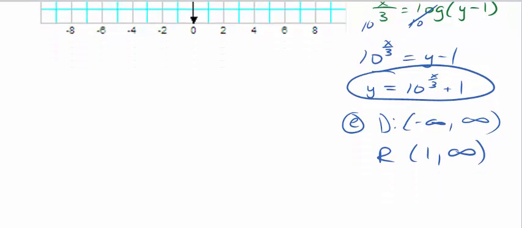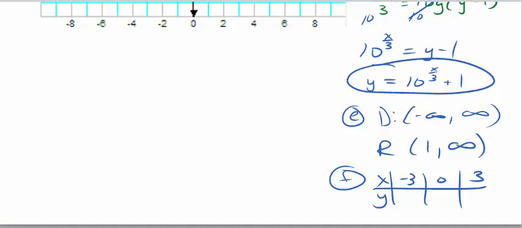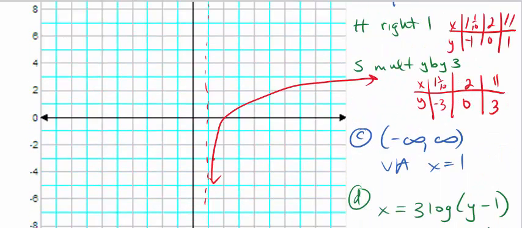And finally, to graph it, when I even have space, we're just going to switch our x and our y. So -3, 0, and 3, 1 and 1/10, 2, and 11. So let's graph it. So -3 and 2, 3, and 1 and 1/10.